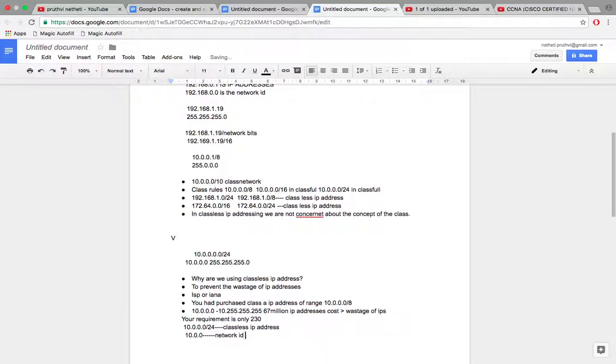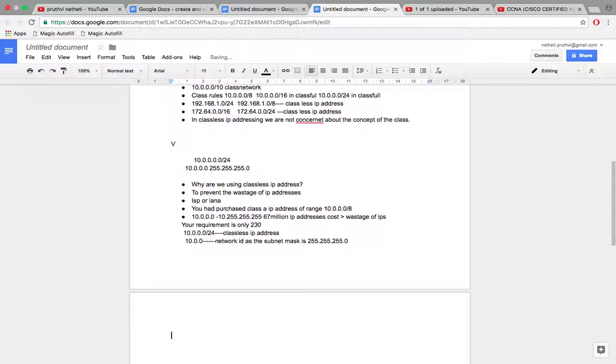As the subnet mask is 255.255.255.0 because it is a /24 network, only in this last octet you can change.